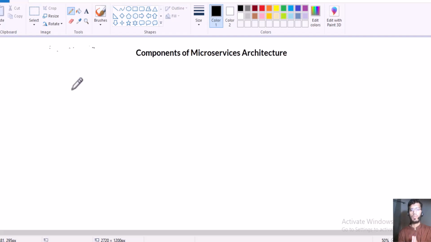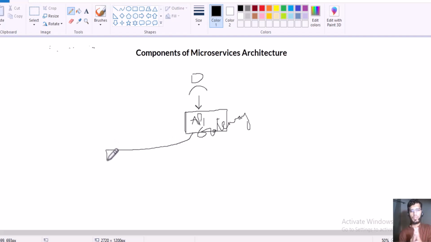But in microservices architecture, first of all, we have to understand that our request goes to a single entry point that is known as the API gateway. That is known as what? API gateway. So what will the API gateway do? It will direct our request towards the appropriate service. Basically, the API gateway is responsible for authentication, for logging, for rate limiting.